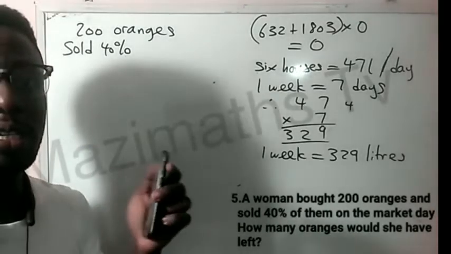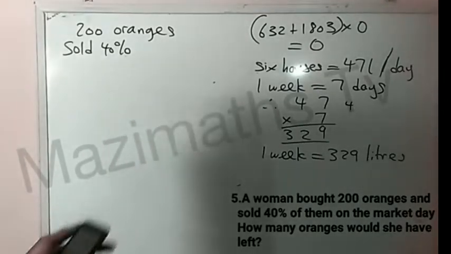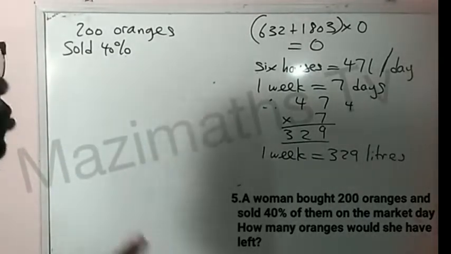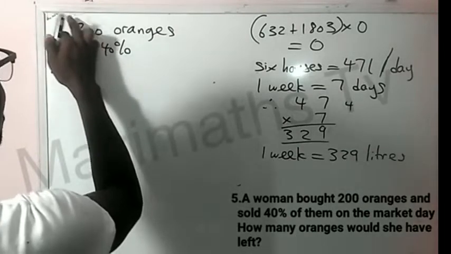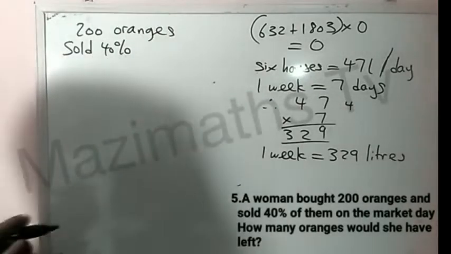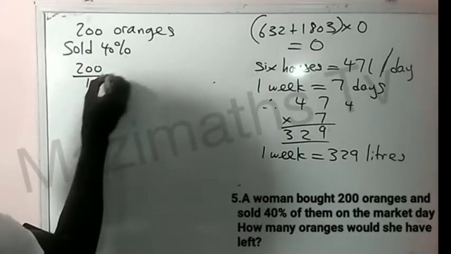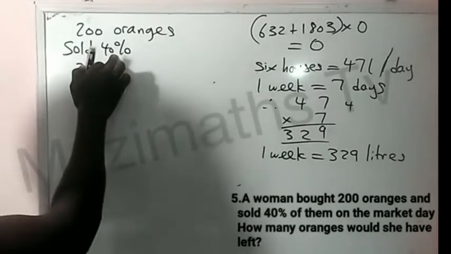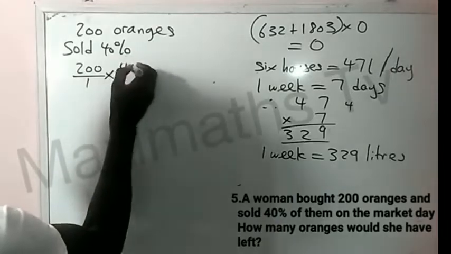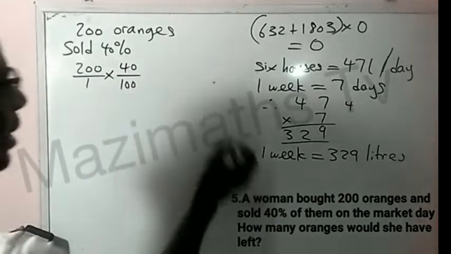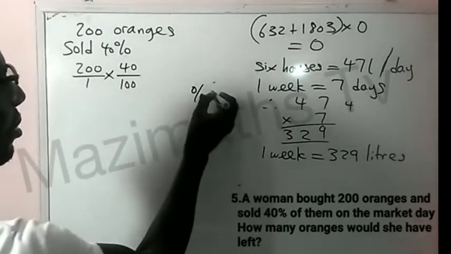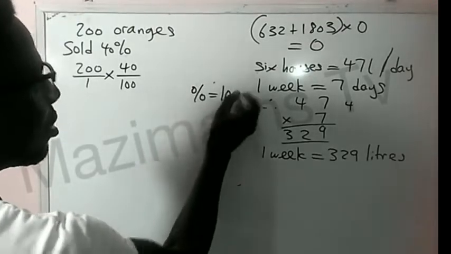Let's first calculate the amount of oranges the woman sold. Just multiply the amount of oranges she initially bought, which is 200, you can say 200 over 1, times the percentage she sold, which is 40 over 100, because anytime you see this sign, it means percentage, and the value is 100.